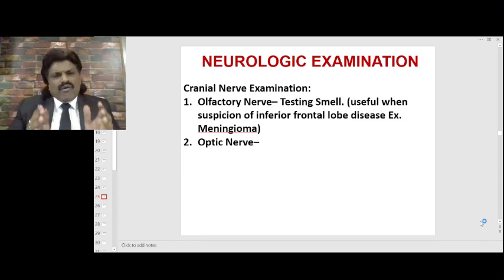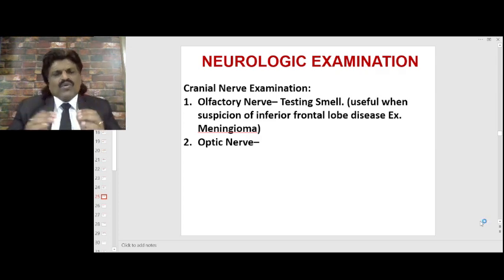But before I go into the details of the cranial nerve examination, let me simplify the cranial nerves, where they are located in the brainstem, so that it will be very useful for a student or a consultant to localize the lesion. So we have 12 pairs of cranial nerves.